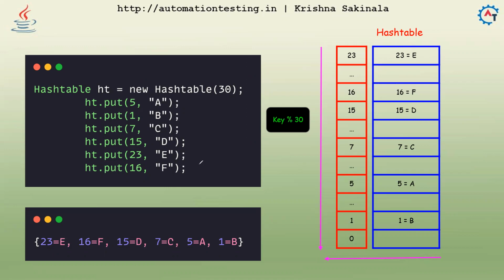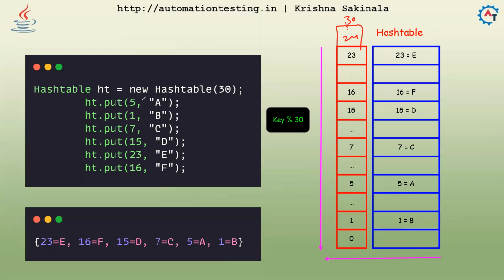What I took only till 23. The reason is I cannot place all 30 elements, 30 rows, boxes here. So whatever from 0 to 23 I took, and above you will have 24 till 30. But I took only till 23, and in the middle also I skipped something. Whatever I want I took.